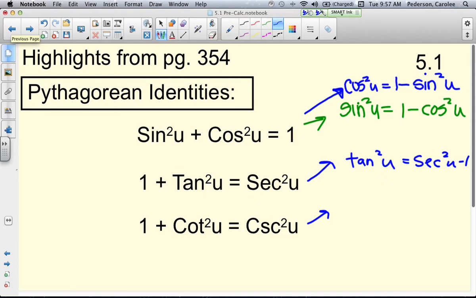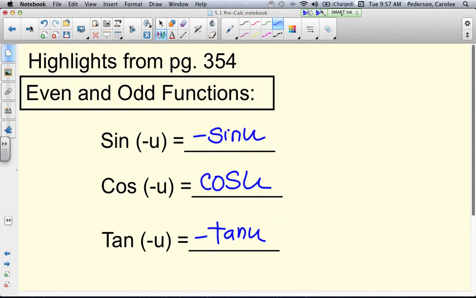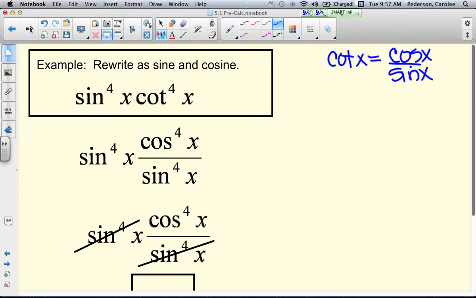How do I get that 1 to the right side? Minus it. So solving that for cotangent squared of u equals cosecant squared of u minus 1. Is that right side in there? Yep, so let's go back to our problem. We're going to replace that parenthesis with cotangent squared of x.